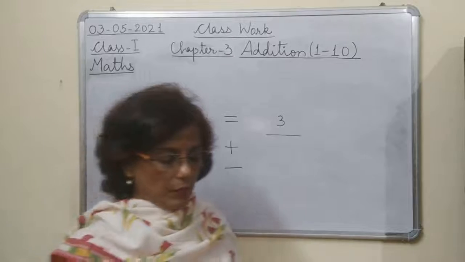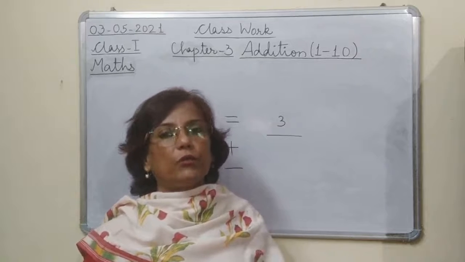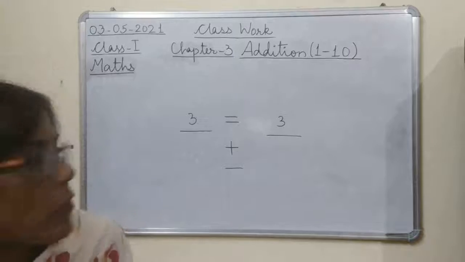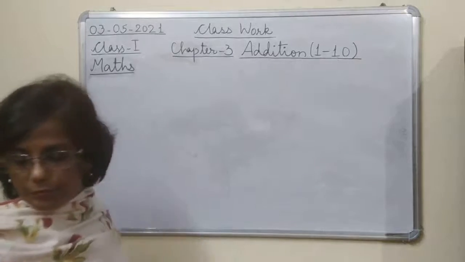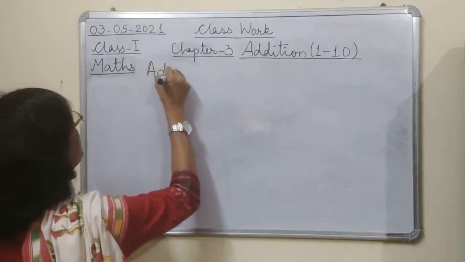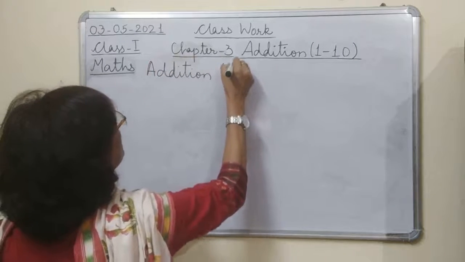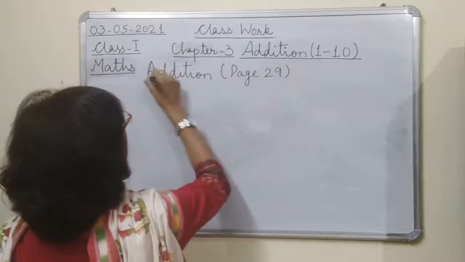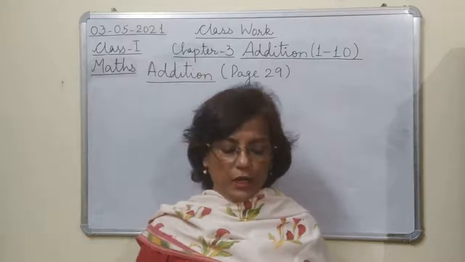Okay? So in the previous class we did this. Now today we will be starting with addition on page number 29. Okay, so everyone has opened page number 29 in their maths book.